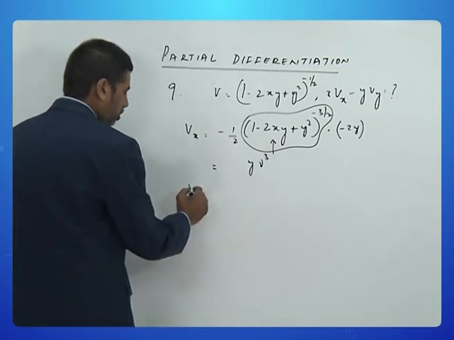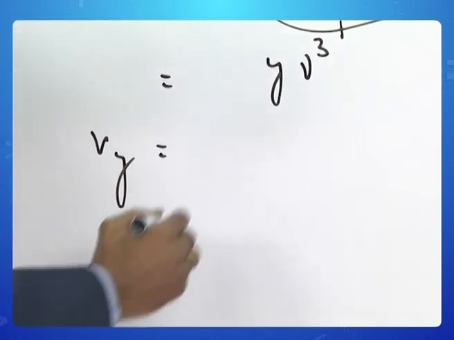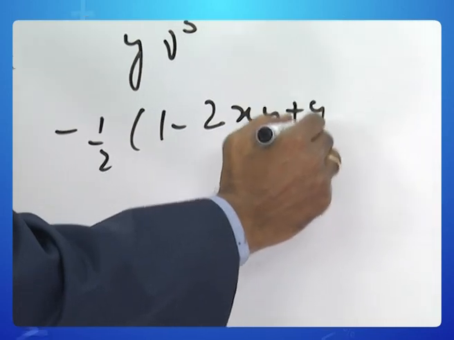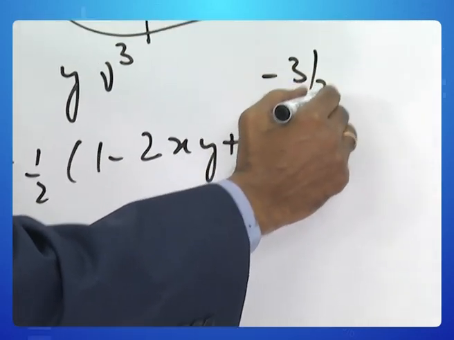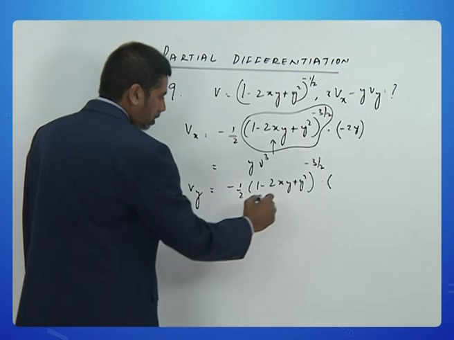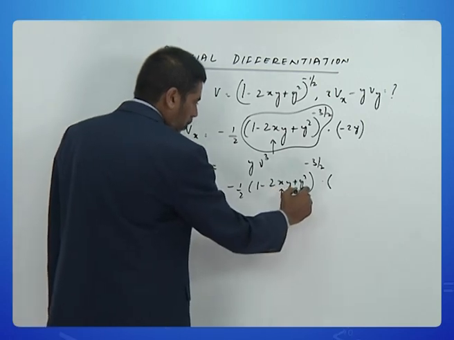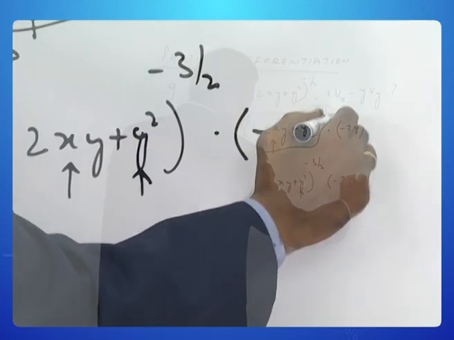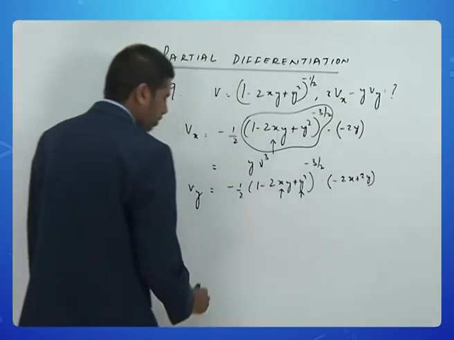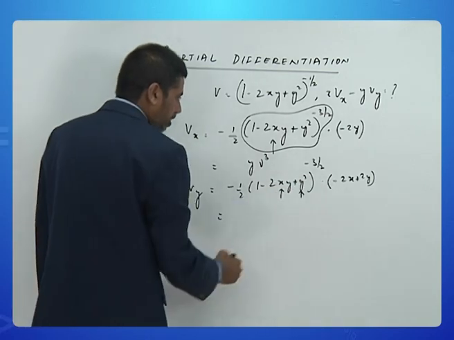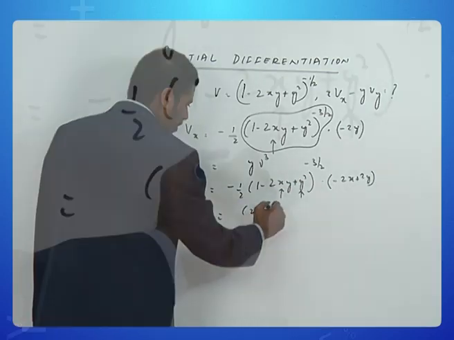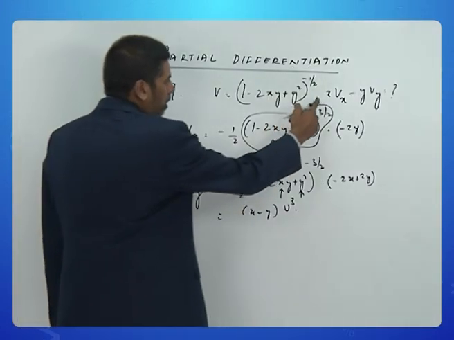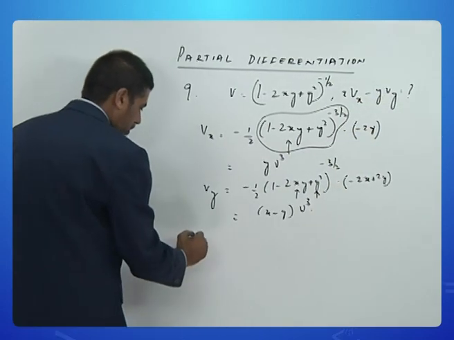Now let us find out vy. Same procedure, minus half into (1 minus 2xy plus y square) whole power minus 3 by 2 into, now these are the two terms involving y. Differentiate with respect to y partially and you get minus 2x plus 2y. So you can simplify a little bit and get x minus y into v cube. Now we require x vx minus y vy.